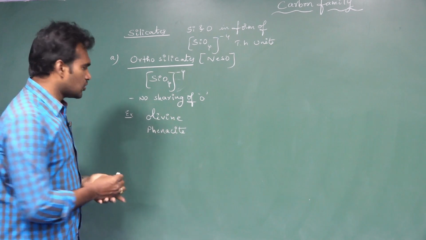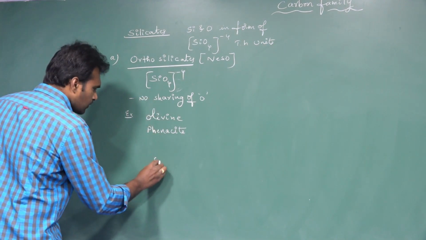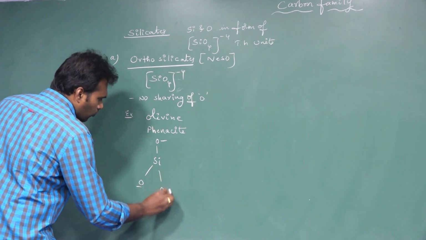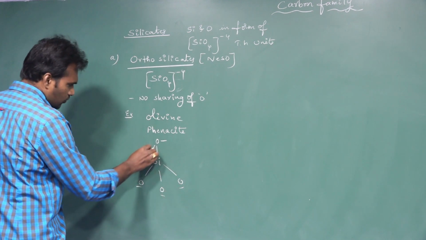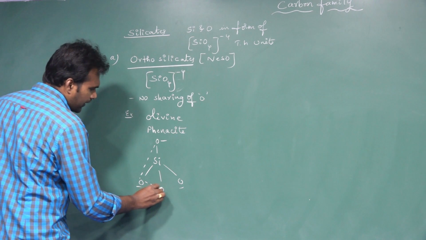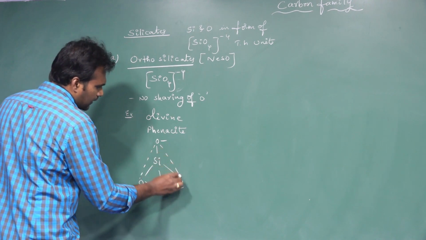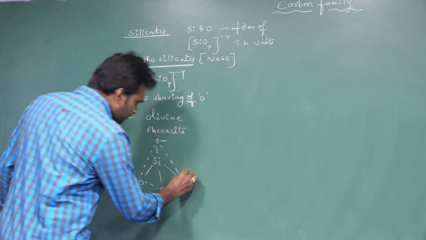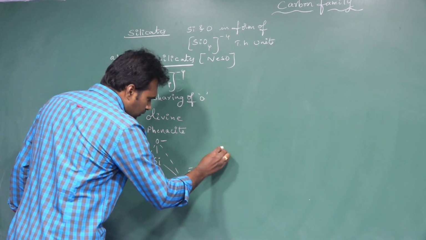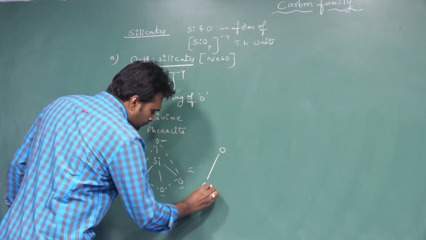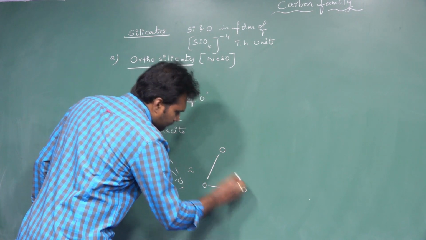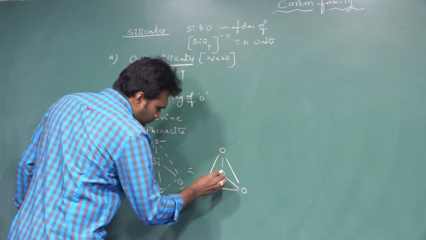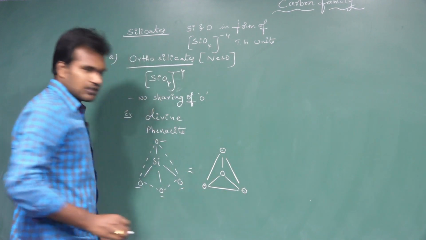If you see the structure of orthosilicates, Si with O minus, O minus, O minus, O minus. If we connect these four corners, we get a tetrahedral structure. This is the general structure, and the same we represent in this form also.